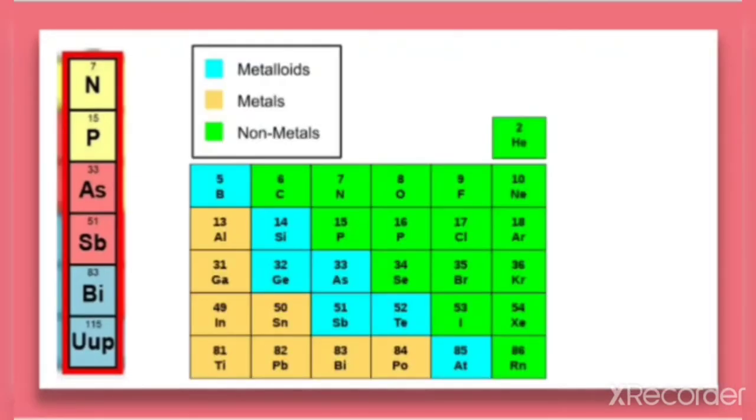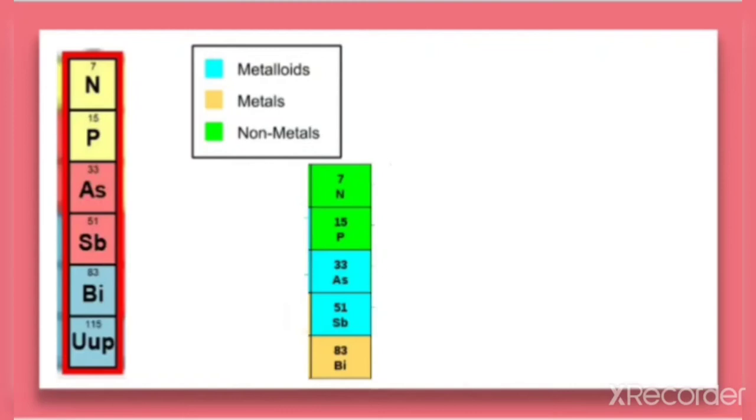As the p block elements include metals, non-metals and metalloids, let us separate the group 15 elements from others. Now let us discuss only group 15. When you look at these, it is clear that nitrogen and phosphorus are non-metals, arsenic and antimony are metalloids, but bismuth is a metal.